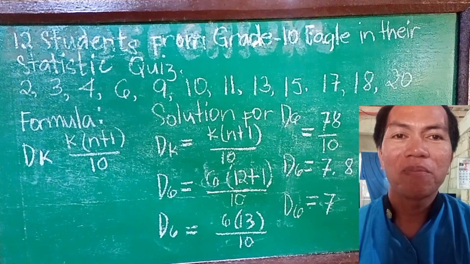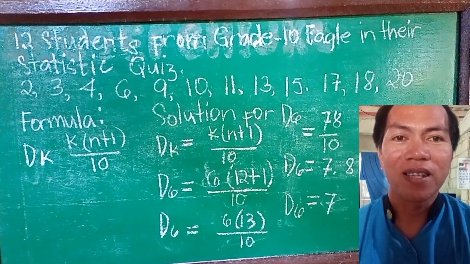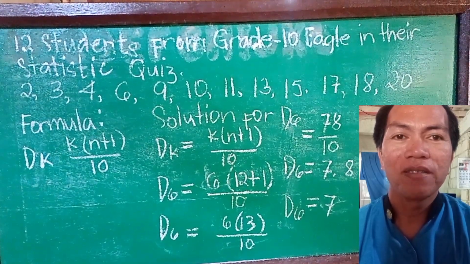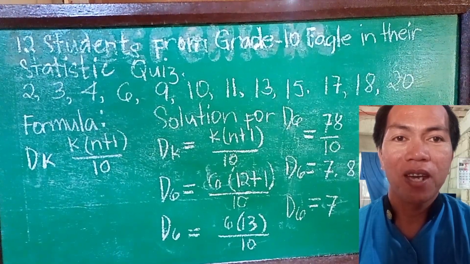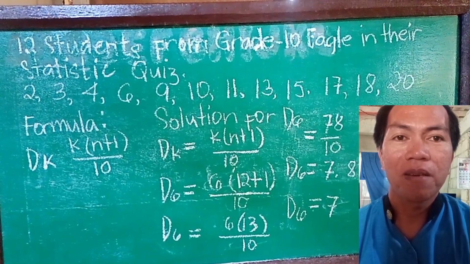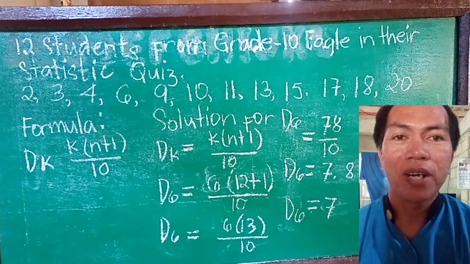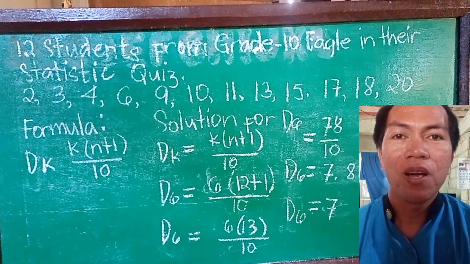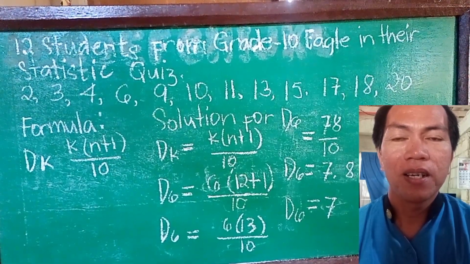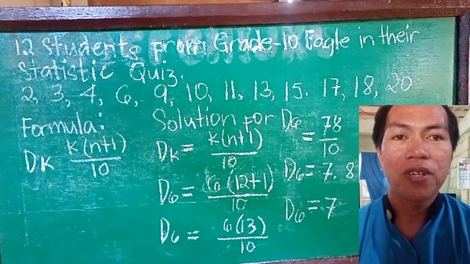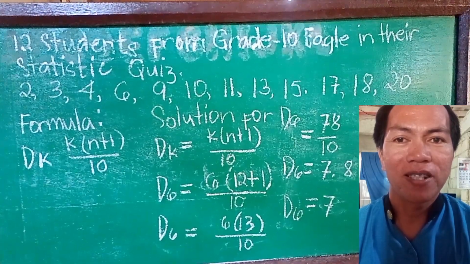To look the position of D6 or decile 6, we need to use the formula Dk or D sub k equals k times the quantity of n plus 1 all over 10. We use 10 because the decile divides the distribution into 10 equal parts.